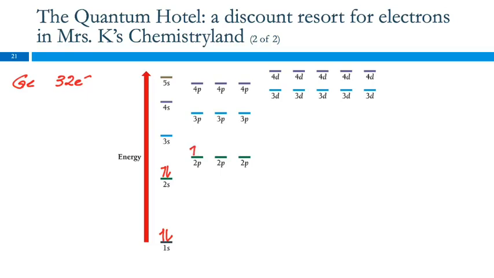This guy's going to take his own bed. 6, 7, and then they have to pair up. 8, 9, 10, 11, 12, 13, 14, 15, 16, 17, 18, 19, 20, 21, 22, 23, 24, 25, 26, 27, 28, 29, 30.